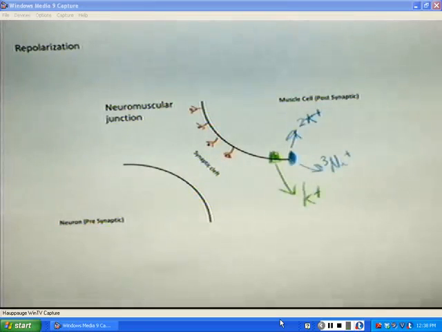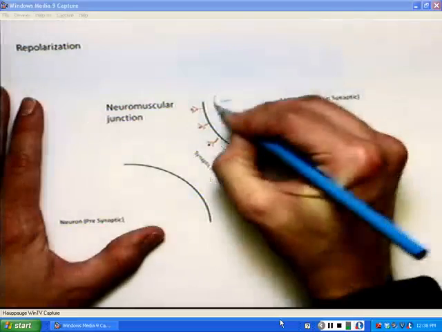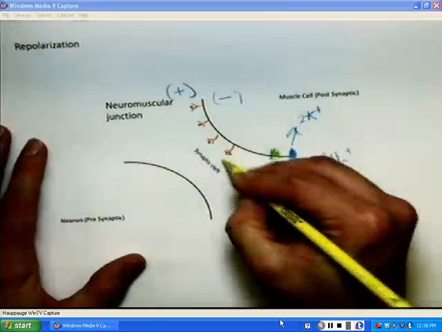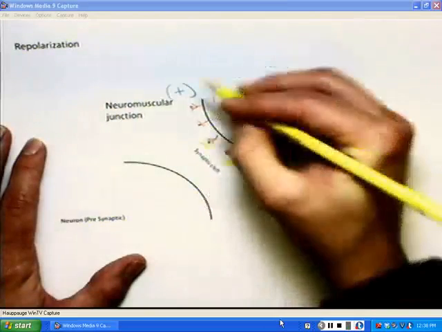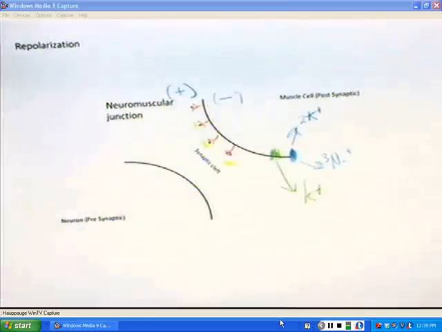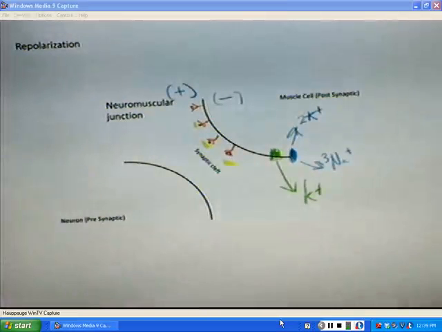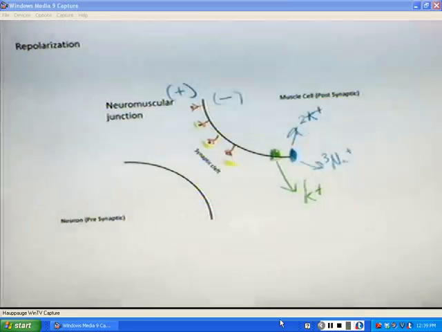And once this is resetting the cell, and the cell is back to where it can be considered negative inside, positive outside, you have an enzyme here that will bind to acetylcholine. This is called acetylcholine esterase. Acetylcholine esterase will bind to acetylcholine.